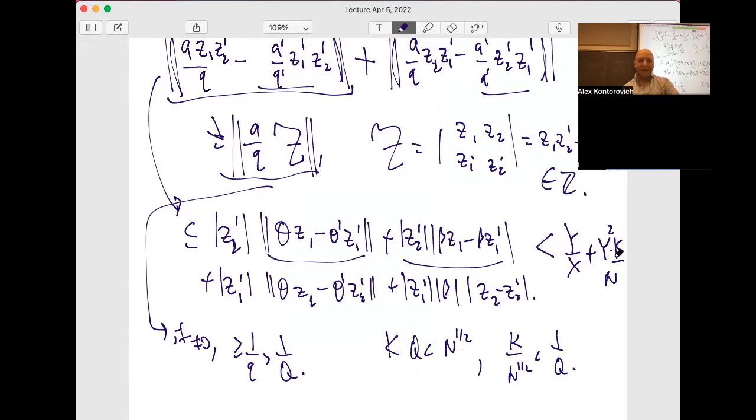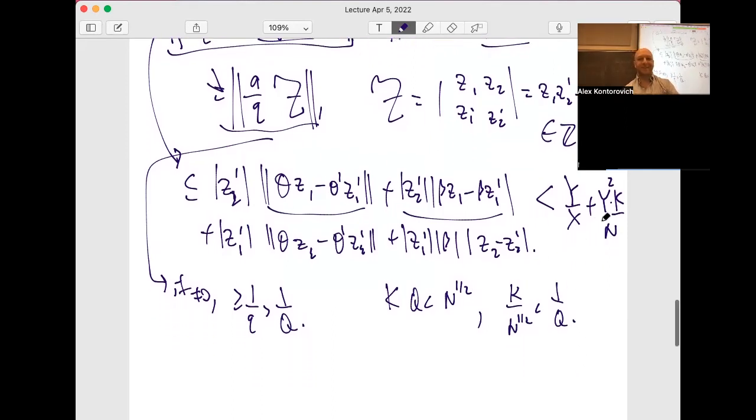I have a k here. If we had a lower bound, but we also had an upper bound of this order, that would be a contradiction. And that would force this to be 0.